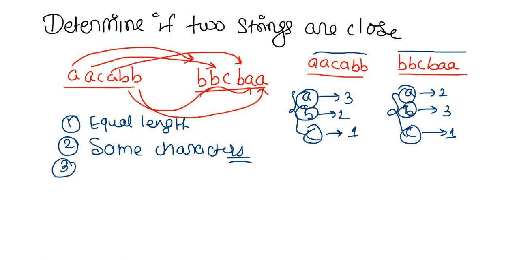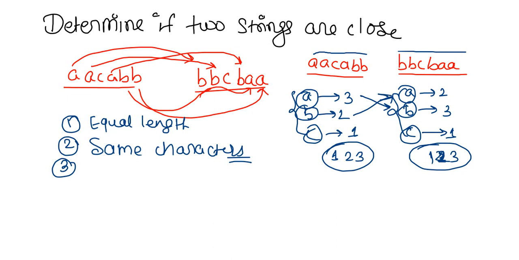And the third thing is, forget about the order, but if we sort the counts, 1 2 3 and 1 2 3, both of them have the same occurrence counts. If we sort the count of each particular letter, they are similar, because if A takes the place of B, they are getting swapped.